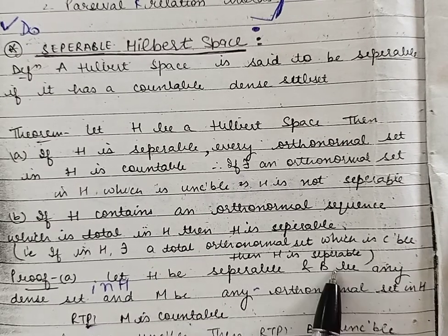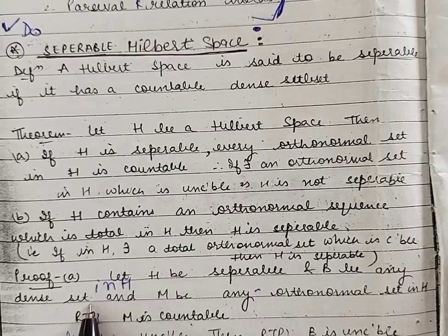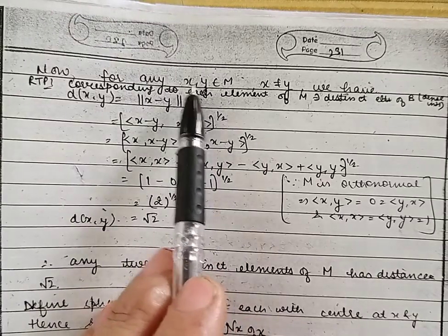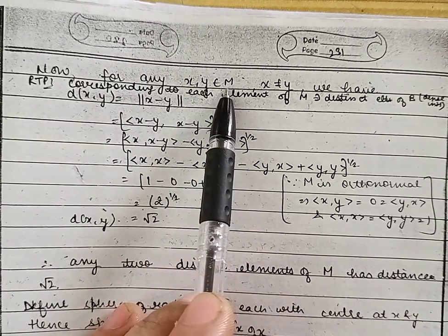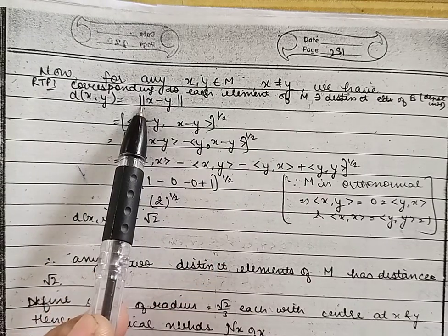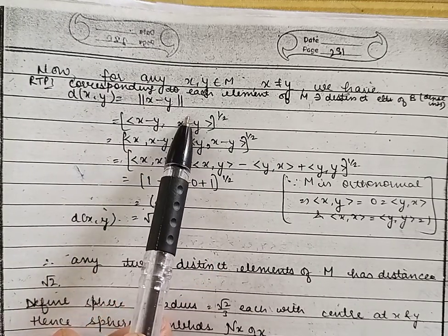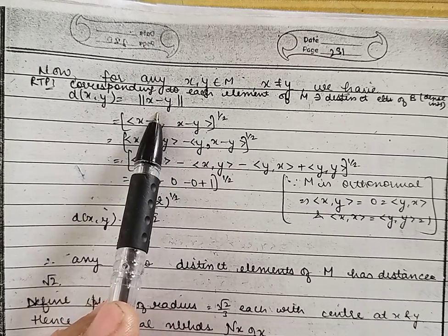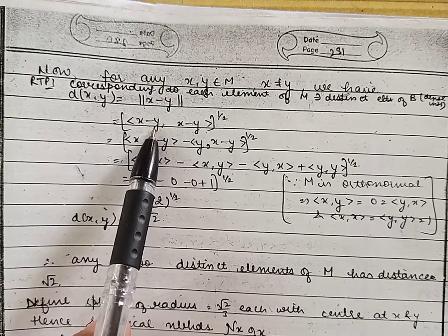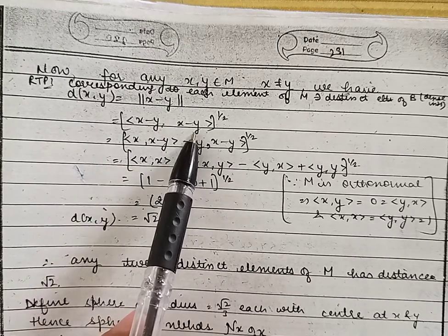Let B be any dense set in H. Now let us take two distinct elements X and Y from the set M, and consider the norm of X minus Y. By definition, the norm is the square root of the inner product of X minus Y with itself.